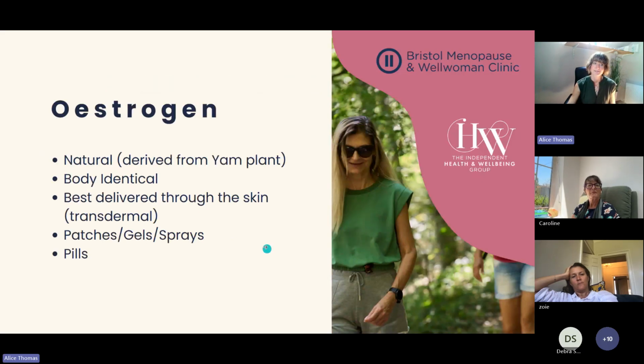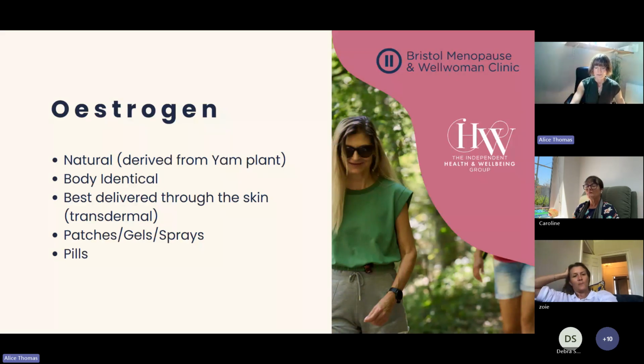Options around estrogen have come a long way from previously only being available as an oral tablet derived from pregnant horses' urine, to now coming in various forms, including pills, patches, gels, and sprays. And the current gold standard is 17-beta estradiol, which is a body-identical estrogen derived from the yam plant, delivered through the skin, which allows for direct absorption into the bloodstream, and so it bypasses the liver and reduces the risk of blood clots.